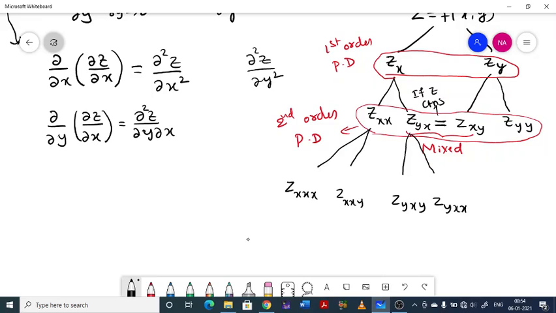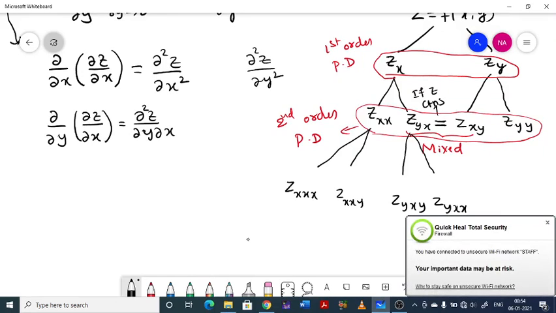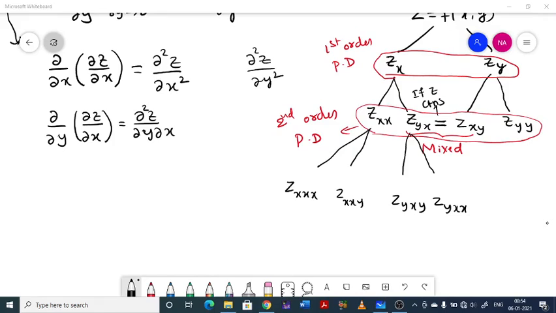Similarly, you get z y double x, z x double y and z x y x. These will be equal, obviously.